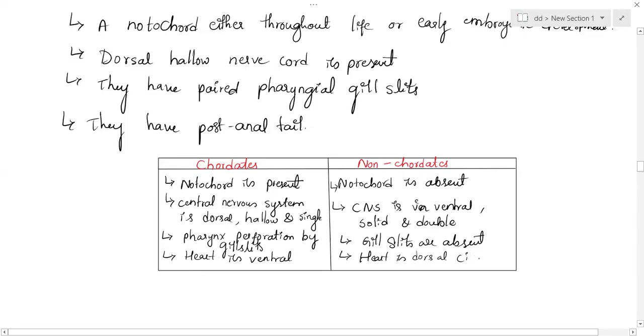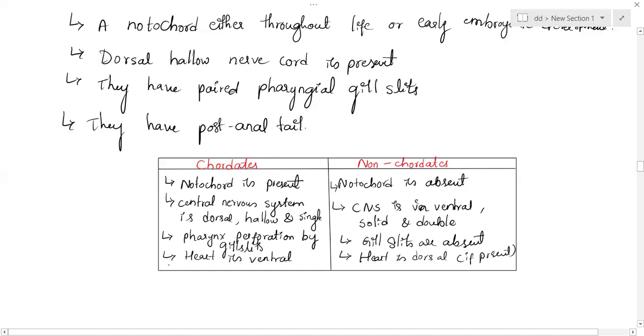For example, among non-chordates, Aschelminthes don't have any sort of heart, right? If it is present, it is present on the dorsal side. If it is not present, we can consider it a non-chordate. So that's why I'm mentioning that if present, it will be on the dorsal side.